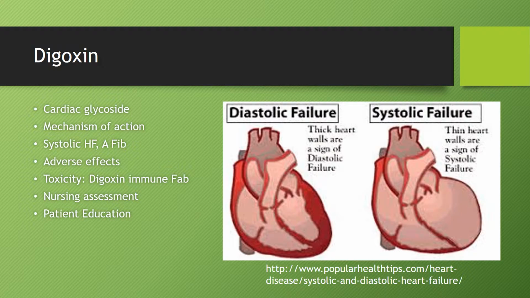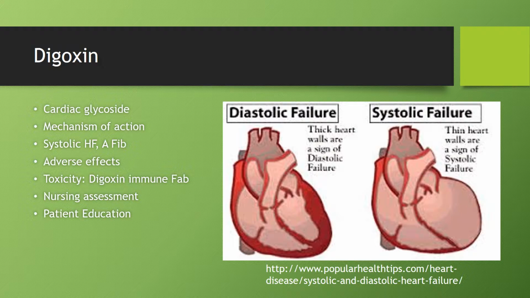Digoxin is primarily used for the treatment of systolic heart failure and AFib, but it can be used adjunct to other drugs of other classes, such as beta blockers, diuretics, ACE inhibitors, and ARBs. The adverse effects are bradycardia or tachycardia, hypotension, headache, fatigue, confusion, convulsions, colored or halo vision, anorexia, nausea, vomiting, and diarrhea.